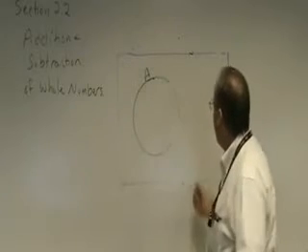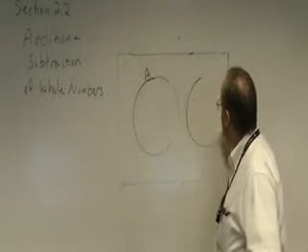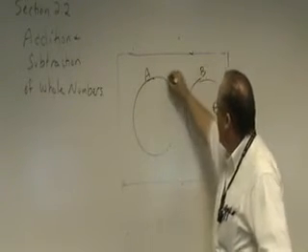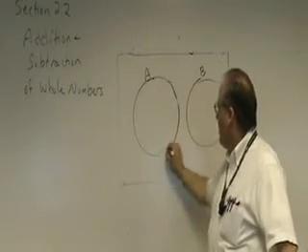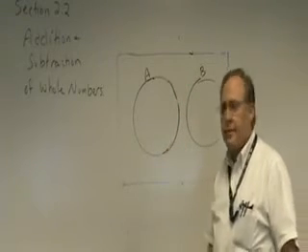And so here's A, and here's B. And these two sets are disjoint.